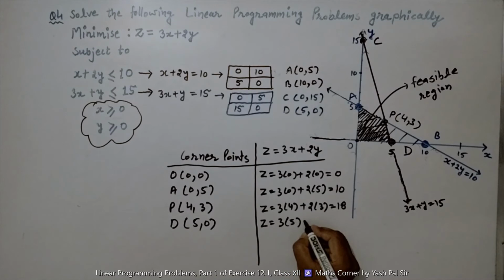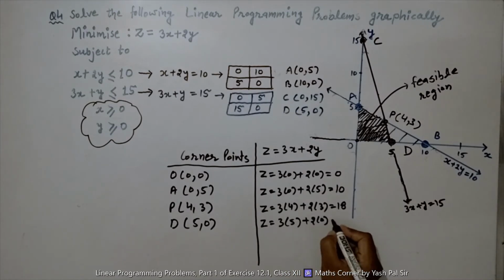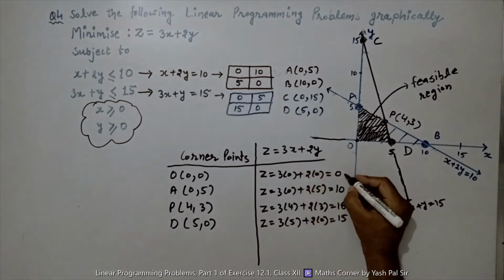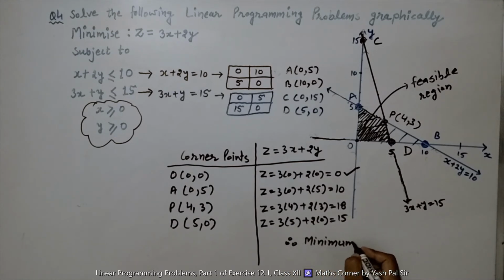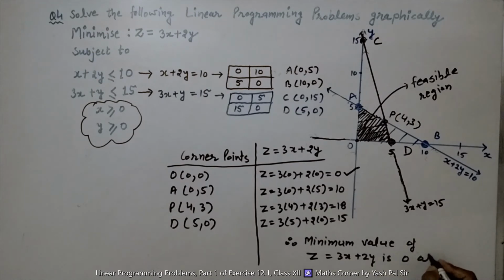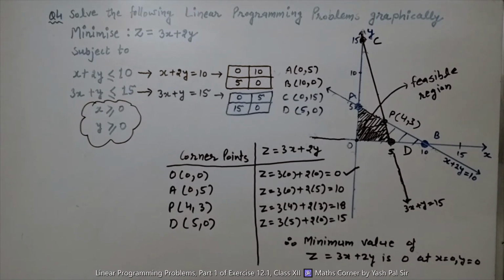Lastly z is equal to 3 into 5 plus 2 into 0, which is equal to 15. So what was the question? Minimize. So out of these values, which is minimum? 0 is minimum. Therefore the minimum value of z is equal to 3x plus 2y is 0 at x equal to 0, y also equal to 0.